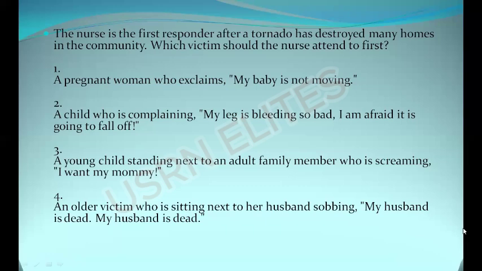So to prevent that child going into shock, to me that one comes first before the woman shouting that the baby is not moving. Then three, child standing by family member. There's not much to worry about because it's a disaster and everyone is worried about who they care for. Then question four, the husband is already dead, which of course is black, and nothing much needs to be done other than psychological support. So I will choose two.